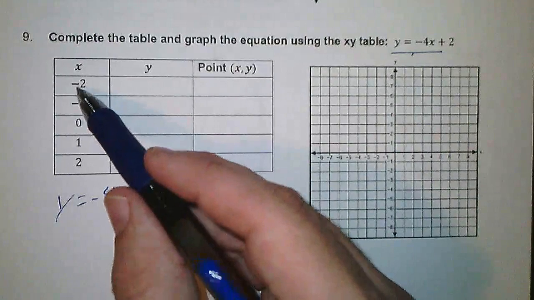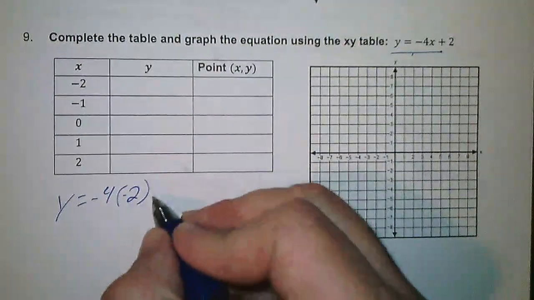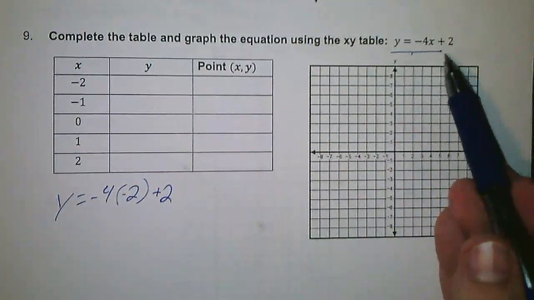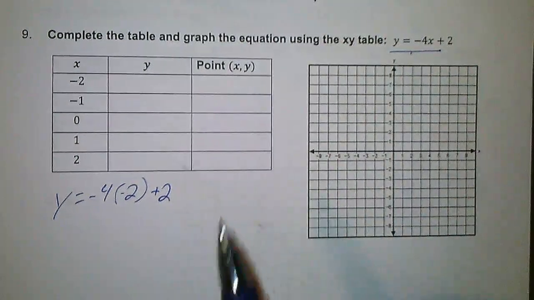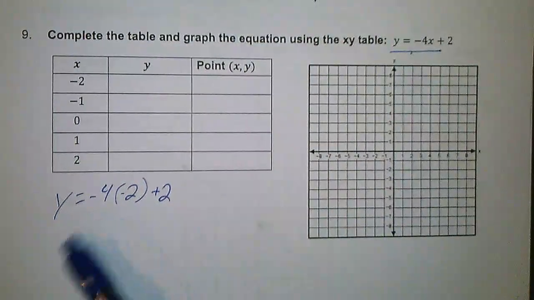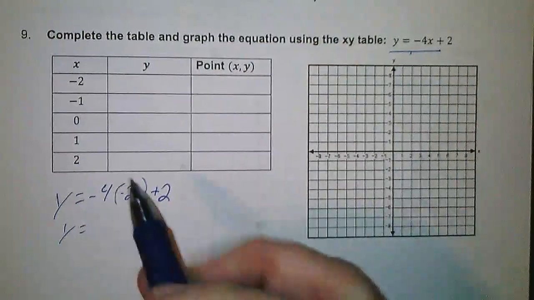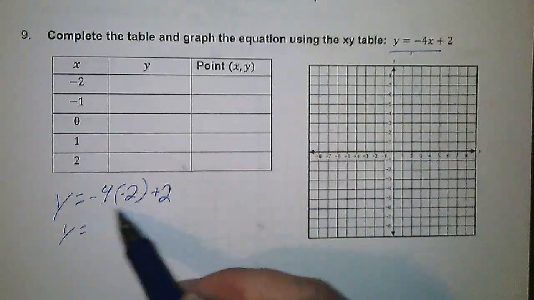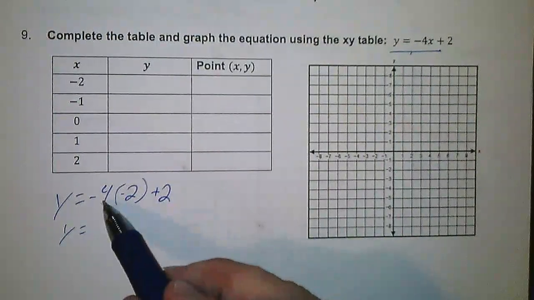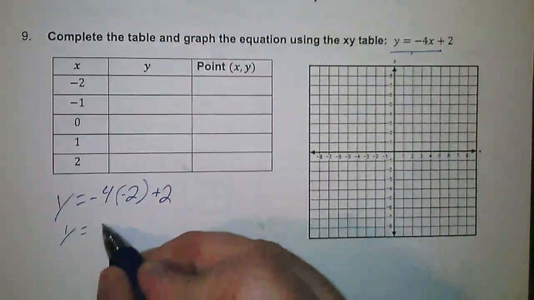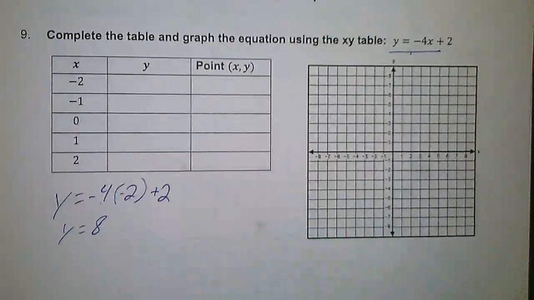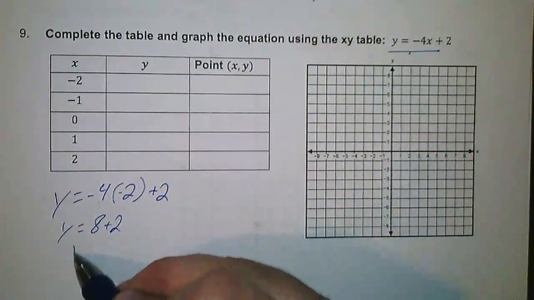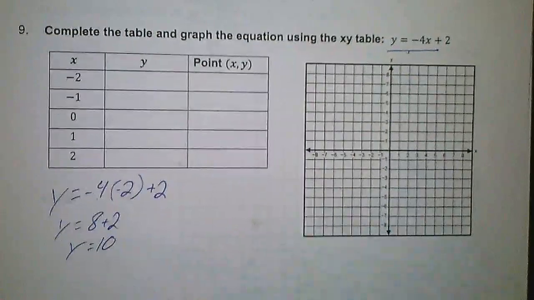Replace x with -2. Bring in the +2. And we use order of operations. -4 times -2. We have to multiply before we add. A negative times a negative is a positive. And then add 2 to that to get a y value of 10.